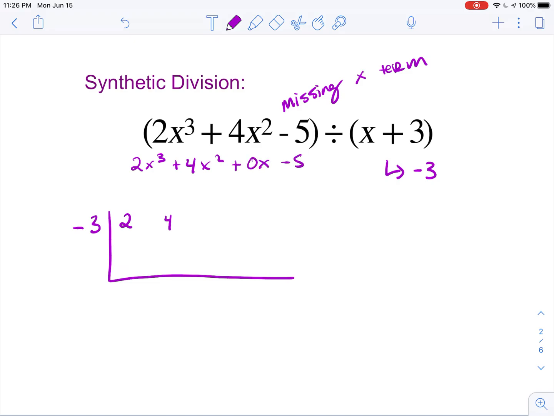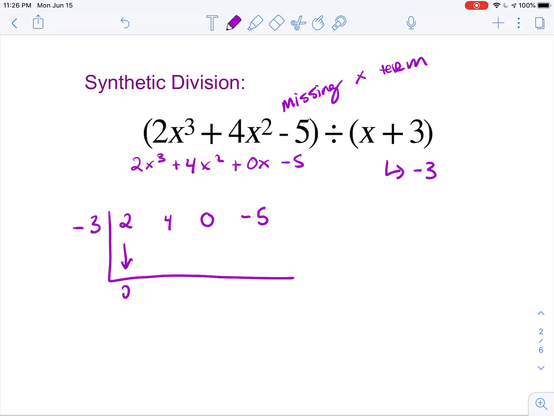So in our synthetic division, we are going to create a placesaver of 0 for that x term, so that we have a representative in each column of all the powers of x that are possible in the question. Now that we've set it up, we perform the process of synthetic division.